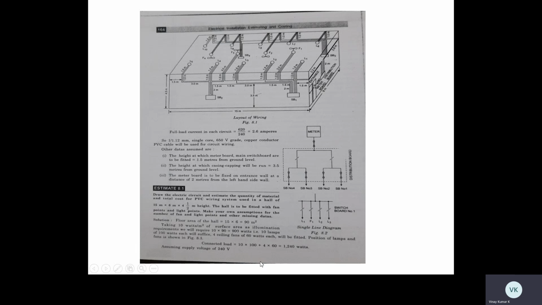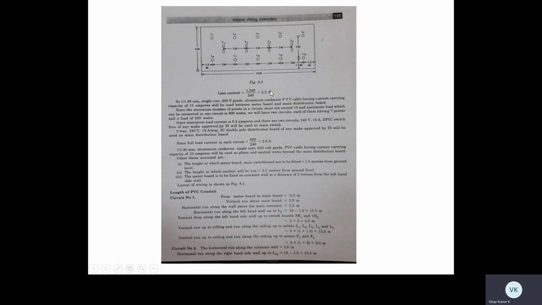So now calculate the total connected load. Total connected load is 10 into 100 plus 4 into 60, that equals 1240 watts. And I am assuming 240 volts. For selection of size of the cable, I need to calculate the line current.